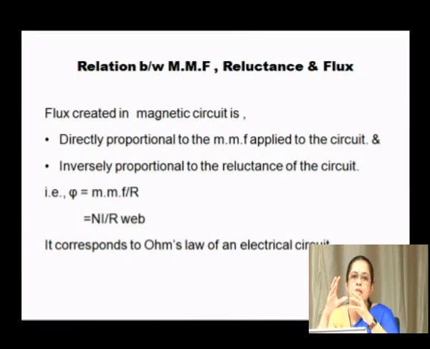So, one is trying to create a flux, and the material tries to oppose it. That is given by phi equals Ni by R, and the unit of flux is Weber. Now, this corresponds to the Ohm's law of an electrical circuit. It is very much similar to the Ohm's law of an electrical circuit.